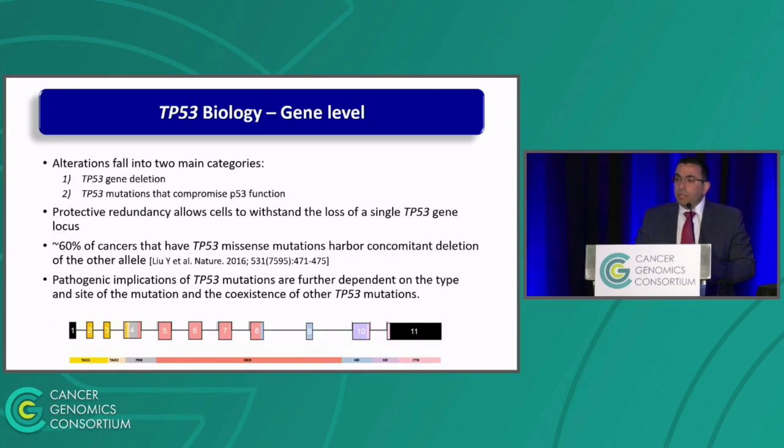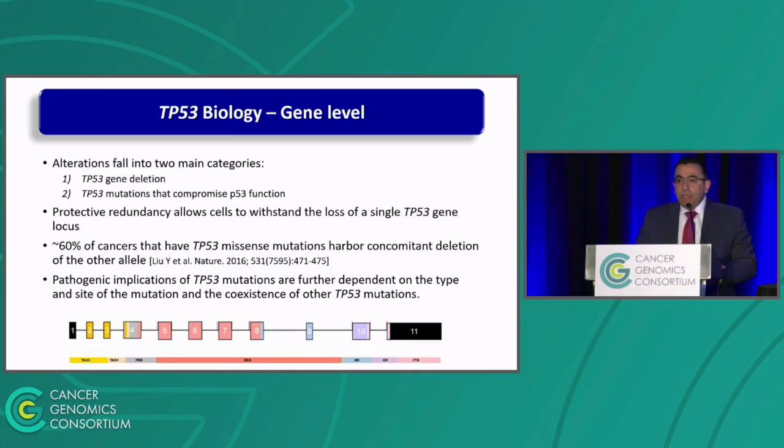It is important to remember that through evolutionary forces, there is protective redundancy that allows cells actually to lose a single copy of the P53 gene locus and yet remain viable and alive. Loss of both alleles, of course, is incompatible with life.